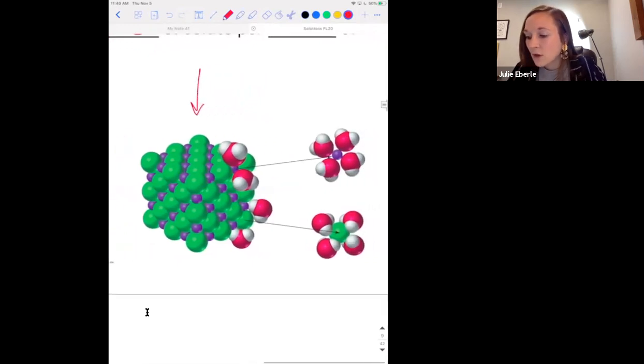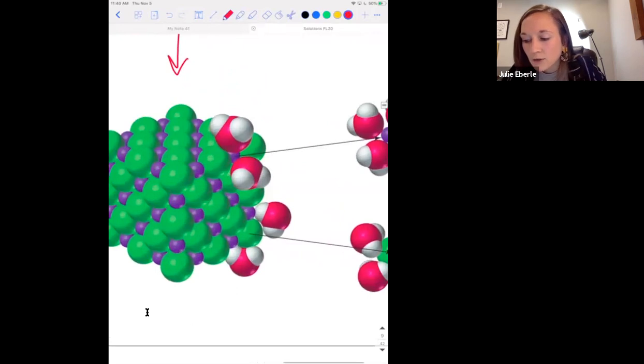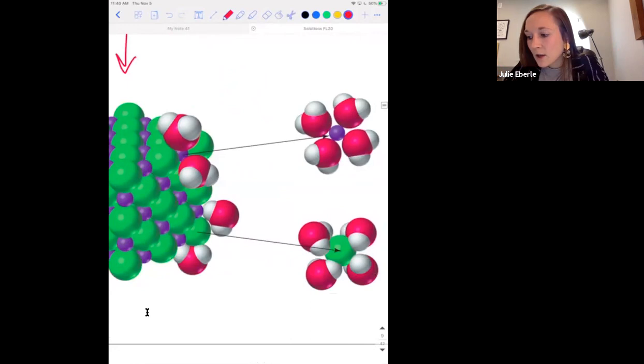And what happens when you dissolve something is water molecules are going to interact with this salt crystal, and the partial negative portions of the water molecule, so the oxygen, which is the red sphere, are going to be really attracted to those sodium cations because they're positively charged. And they're going to surround themselves just like this on that sodium cation, the purple sphere.